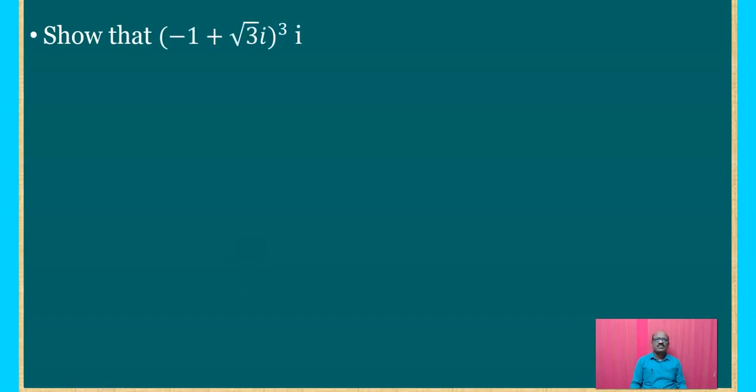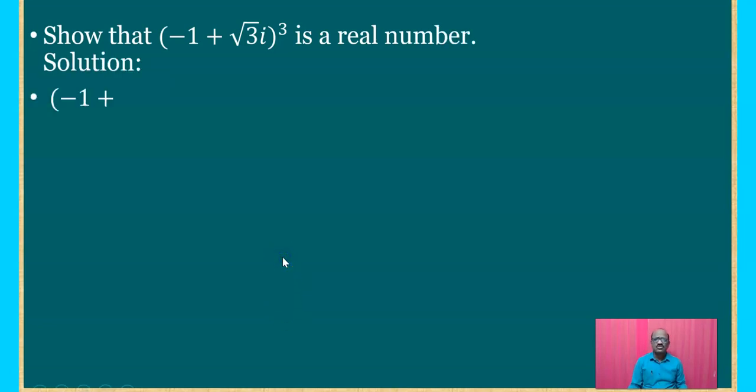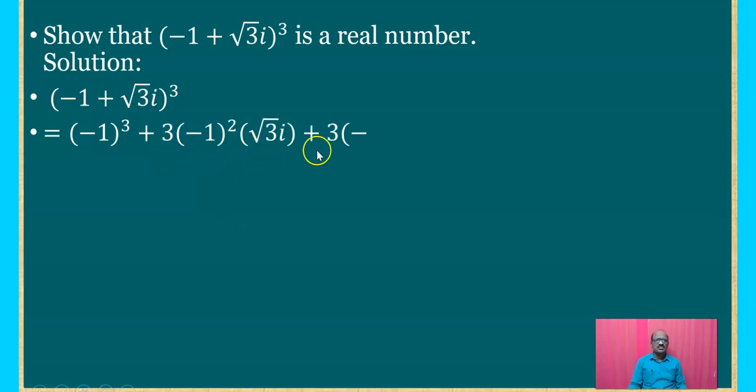Show that (minus 1 plus root 3i) cube is a real number. It's a solution. Now we'll expand by using the formula (a plus b) raised to 3. That is the first term cube plus 3 into first term square into second term plus 3 into first term into second term square plus second term cube.